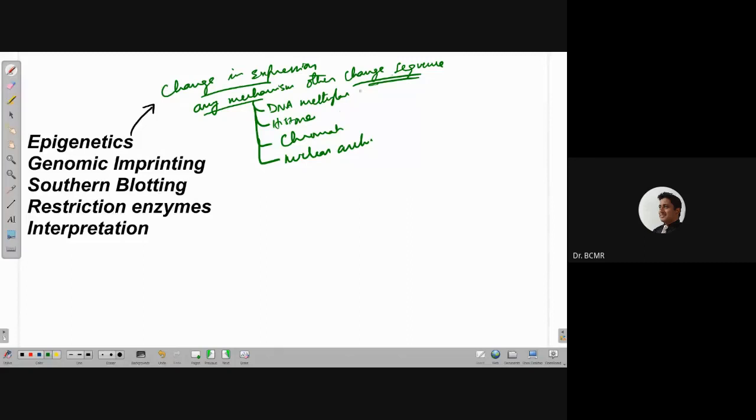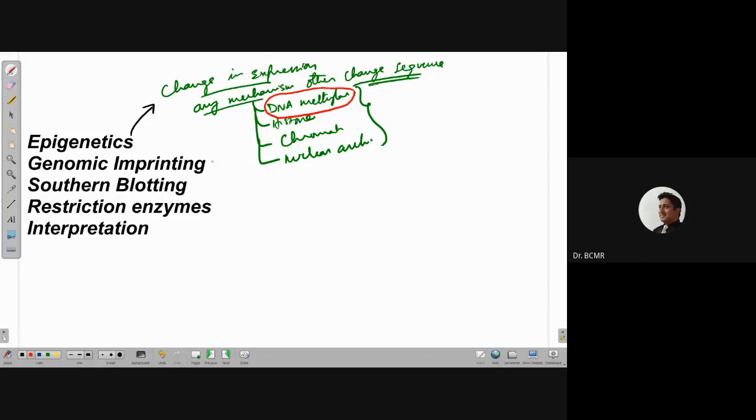So these are the four mechanisms, and today we are going to study mostly how to analyze DNA methylation. There are more techniques, but for this chapter, at this point, we will only learn about DNA methylation using restriction endonucleases and Southern blotting.